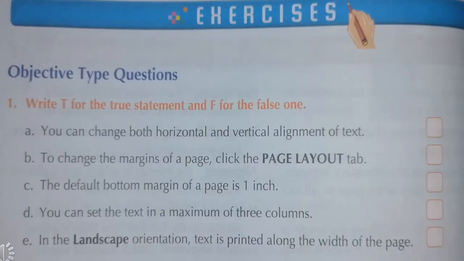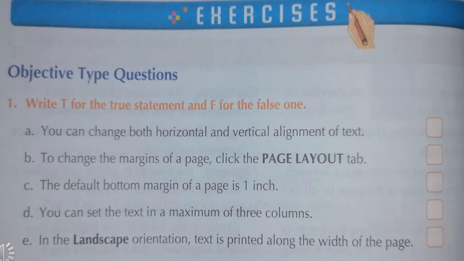Hope all of you have completed this task in the book page number 70, true false. You can change both horizontal and vertical alignment of text. To change the margins of a page, click the page layout tab. The default bottom margin of a page is 1 inch.